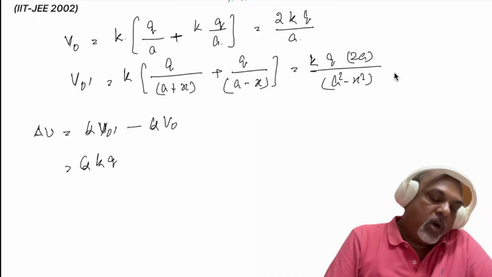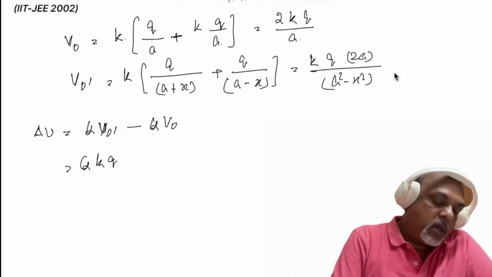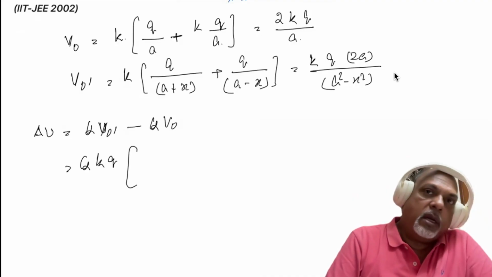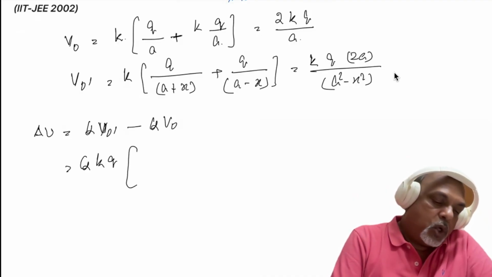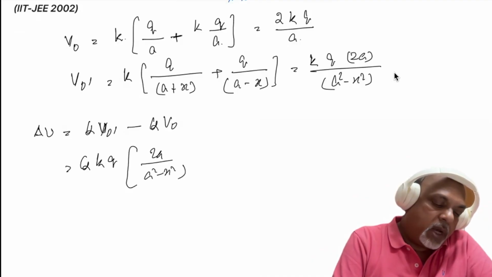Then what remains? Q, K, Q you have taken common. Then here it remains 2a upon a square minus x square minus 2 upon a.